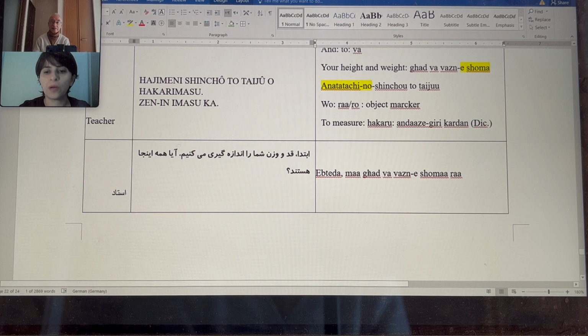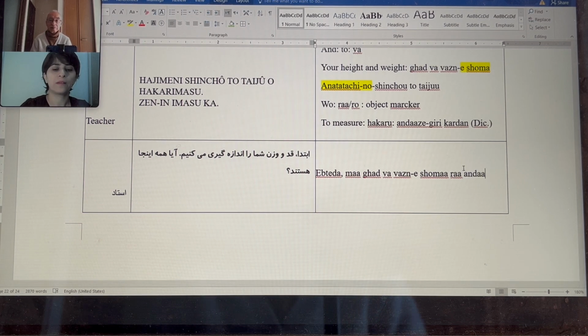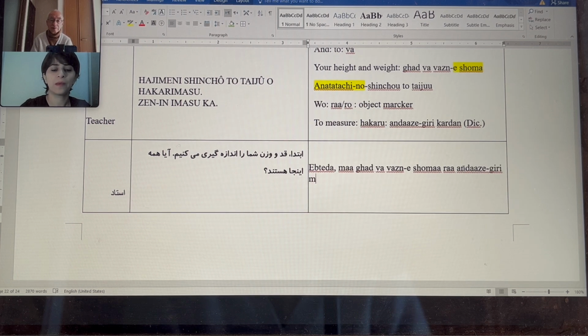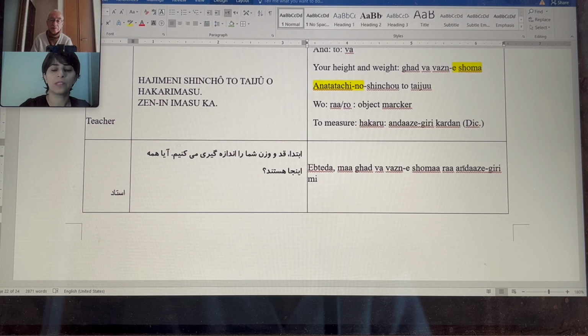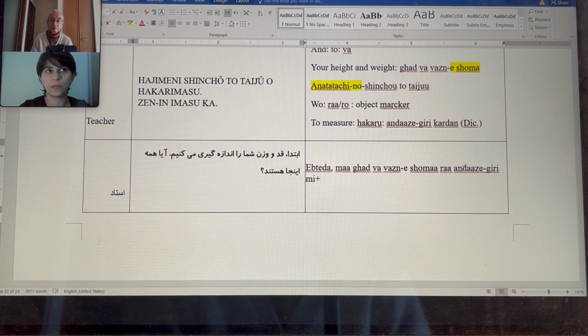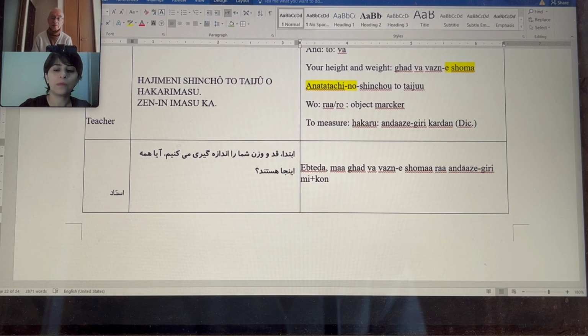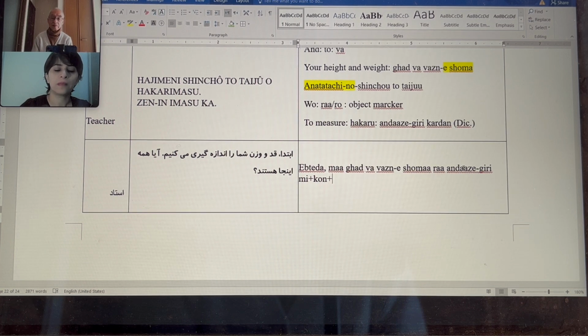This is the continuous sign when you conjugate the verb, and then the present stem, mikon, and then the personal suffix for the first person plural, mikonim.